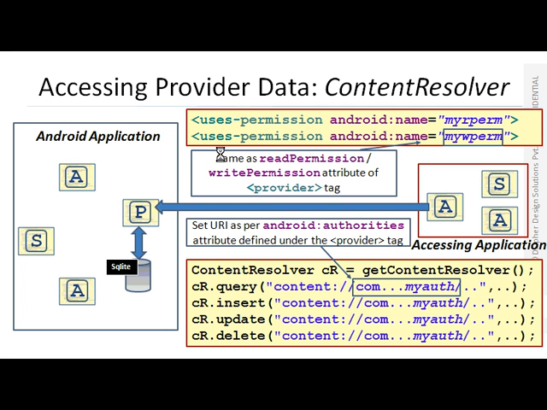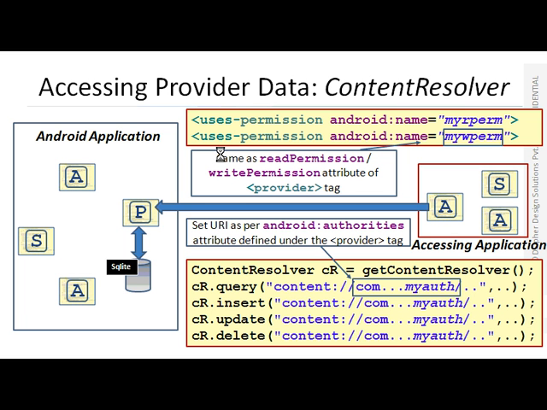So this is how your content provider and content resolver work. The content provider will be implemented by the applications that are going to share their data, and the content resolver will be implemented by the applications that are going to access the data of other applications. Here you can observe how the content provider has been implemented in the applications that are going to share the data.